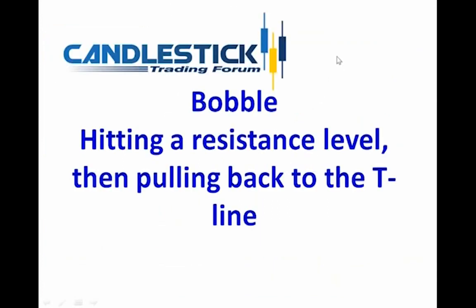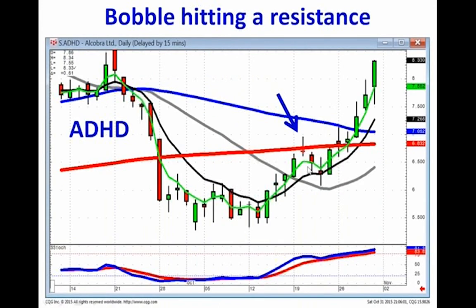So if you take the Bobble pattern, which is a much more refined pattern, it's when it hits a resistance level and then starts pulling back to the T-line.